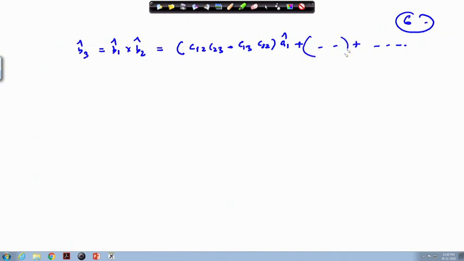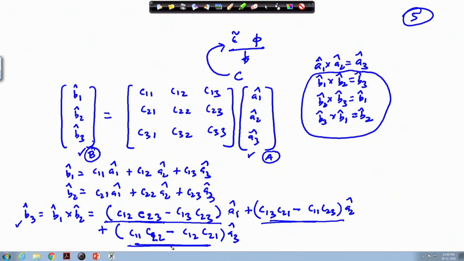So, this is the first term and then the second term. This term must be C 31. Similarly, this must be the C 32 term and this must be the C 33 term, the last one. So, what we see is that this B is already written here in terms of C 31, C 32, C 33, and using this relation we are also getting it like this.